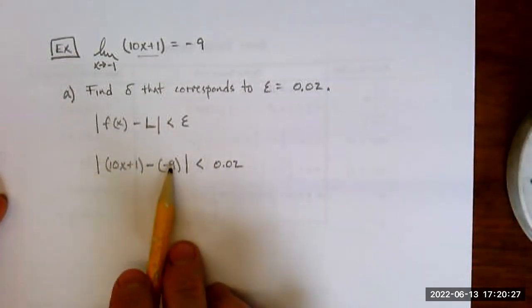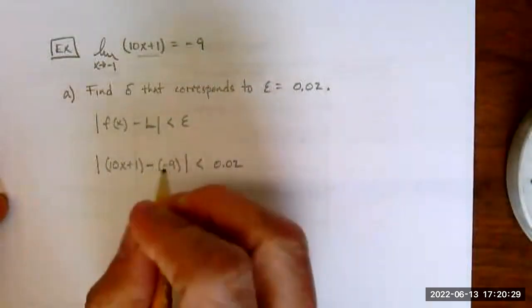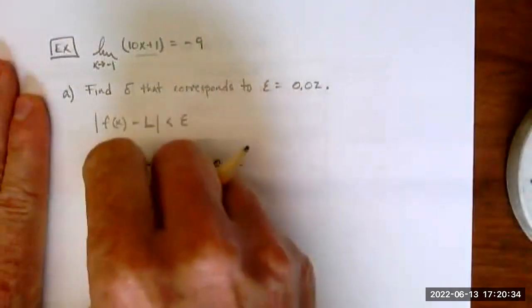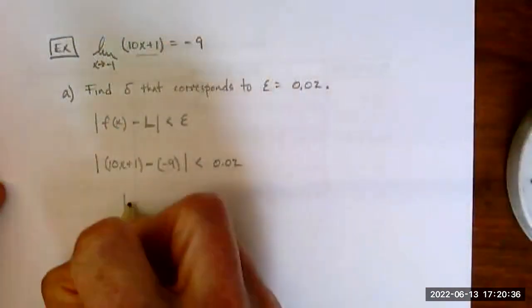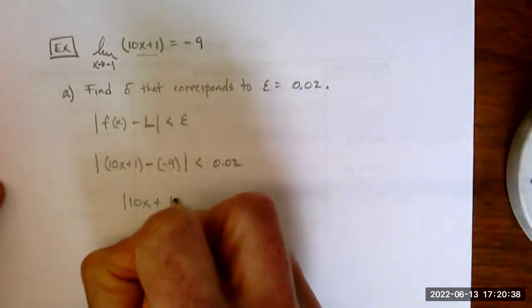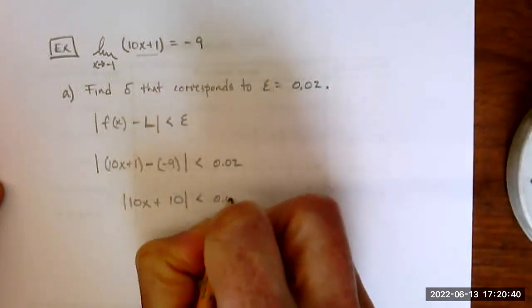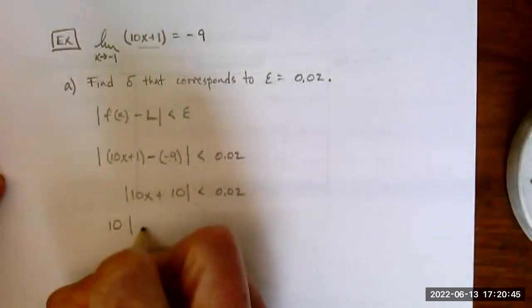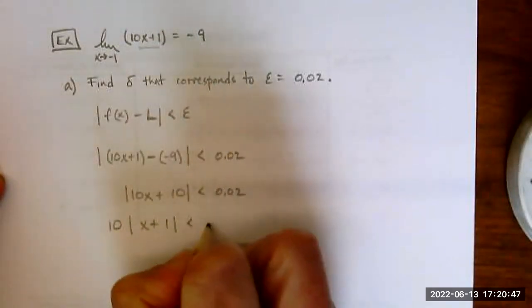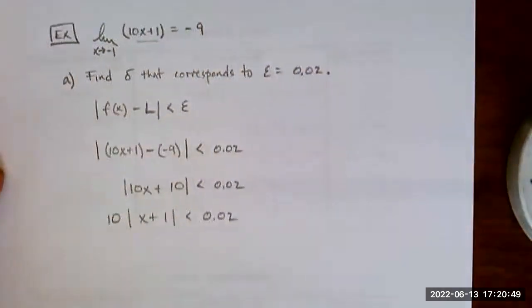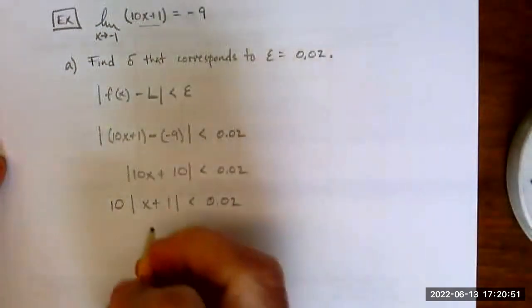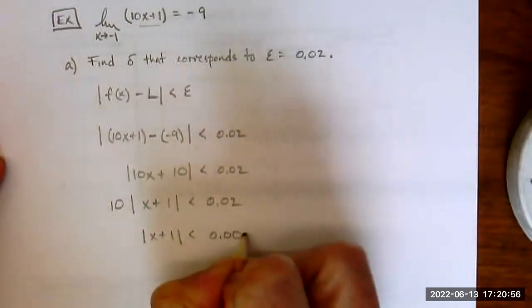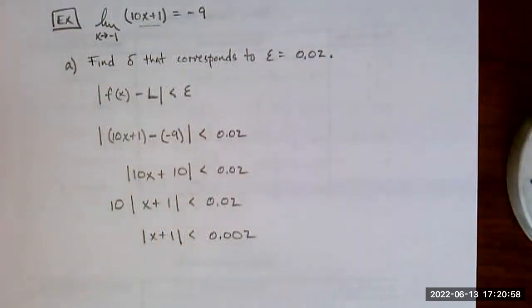Let's see. So this is really adding 9, right? So we've got 10x plus 10 less than 0.02. We're going to factor out 10. x plus 1. We're going to divide by 10. 0.002 in this case.